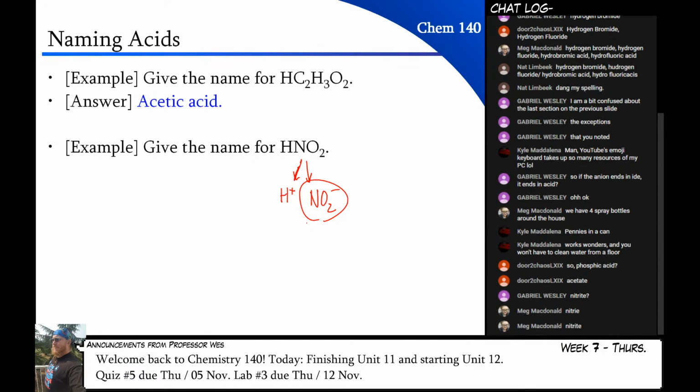That's right, good. This is nitrite. So I get rid of the ite, and because it ends in ite, I add ous acid. So this is nitrous acid.